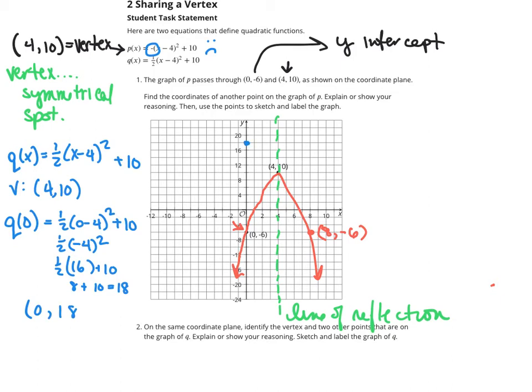Now we said that vertex is actually a line of reflection. So I can count over 1, 2, 3, 4, 1, 2, 3, 4, and I have the other point. So the y-intercept is not as easy to find, but if I just evaluate my equation at x equals 0, I get my y-intercept pretty easily. And then I can just reflect it over the line of reflection, and that line of reflection occurs at the vertex.